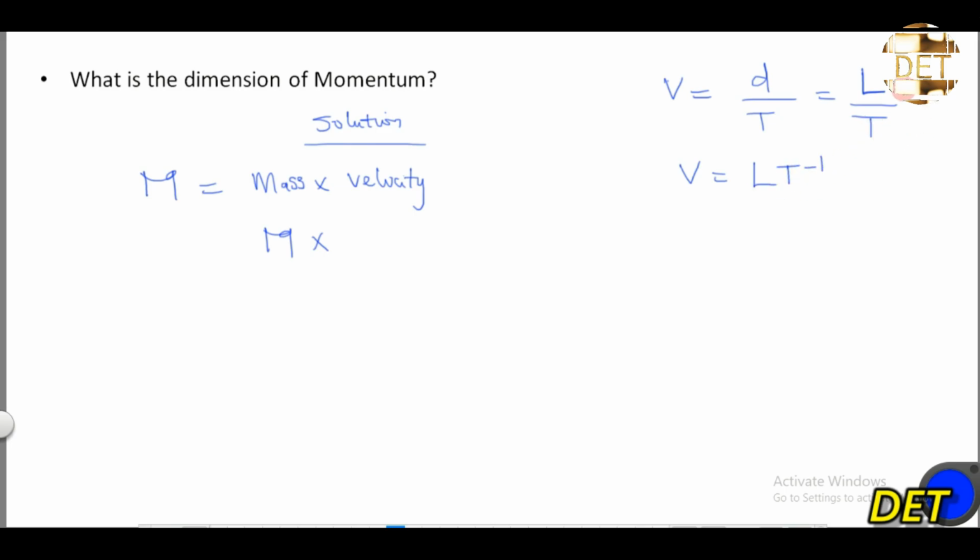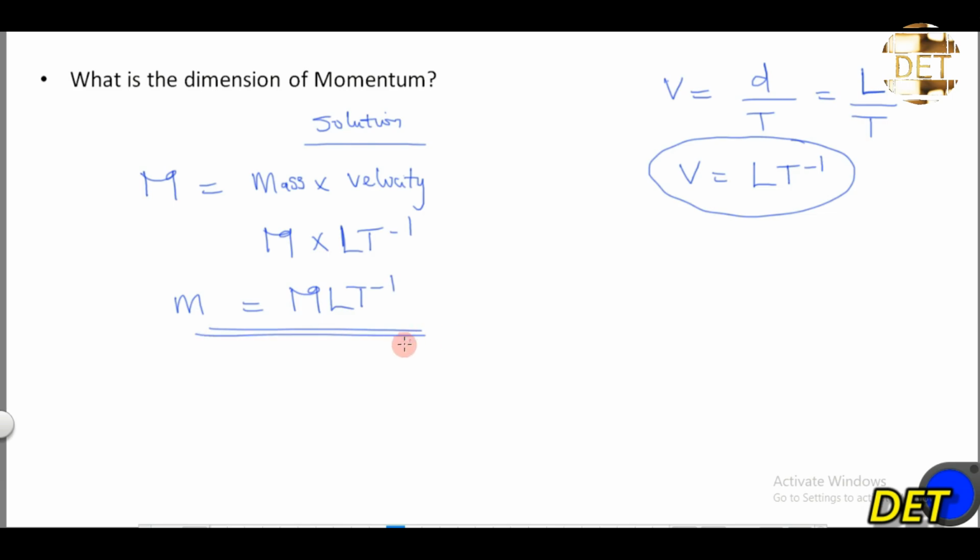When this T comes up, it becomes L T raised to the power of minus 1. So this is the dimension for velocity. So this will be times M, and my dimension for momentum will be equal to M L T raised to the power of minus 1. This is the dimension for momentum.